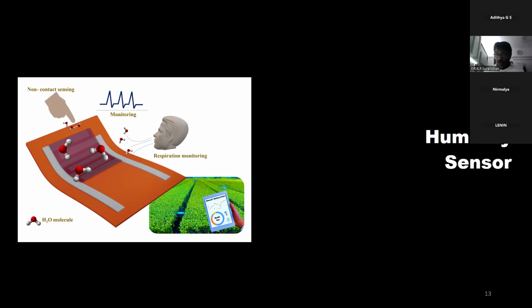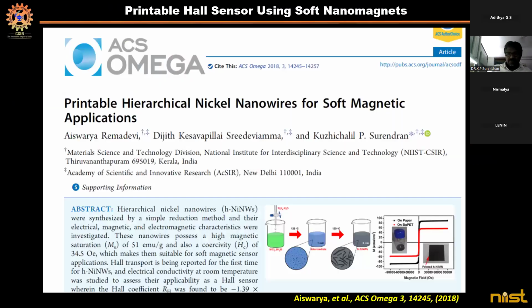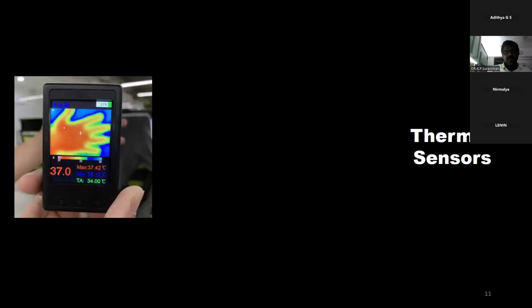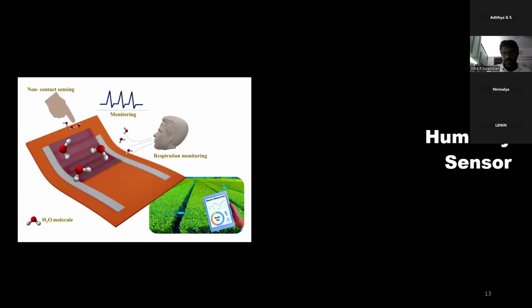What we were required by an industry is that this kind of sensor is used for an automated irrigation system. You know what automated irrigation systems are? The previous speaker was elaborately talking about smart homes. Automated irrigation systems have sensors placed in the soil in different parts of a garden, for example.